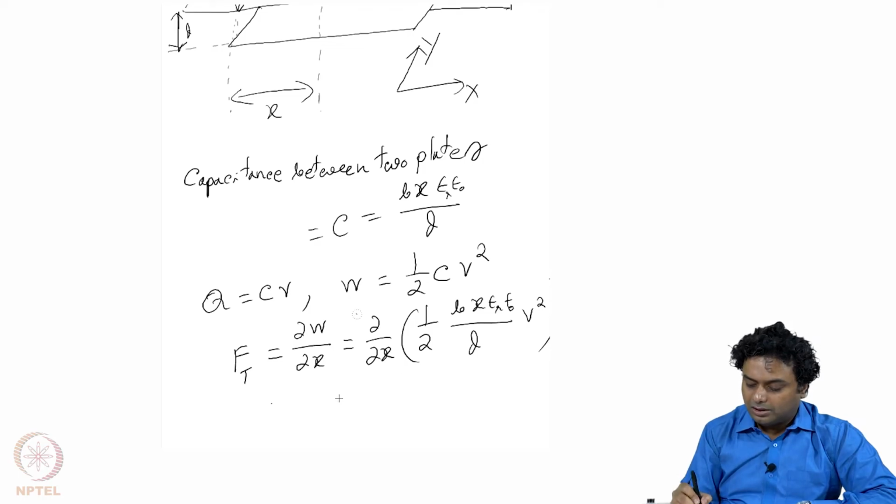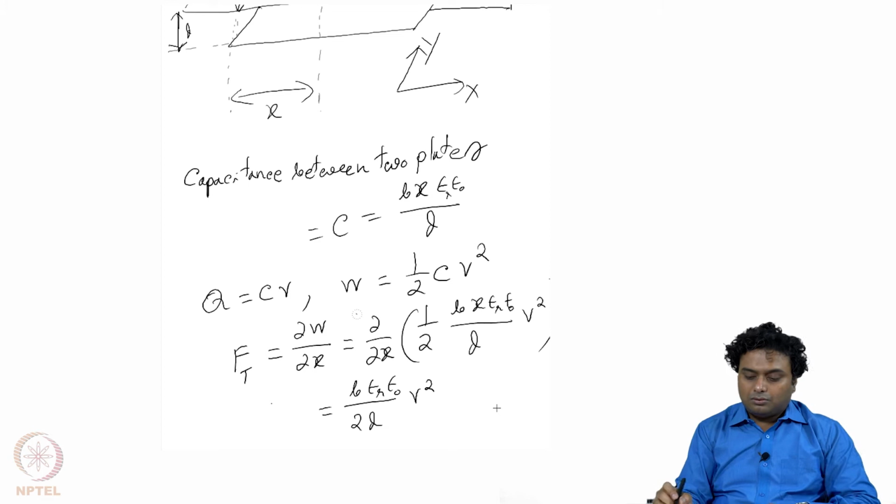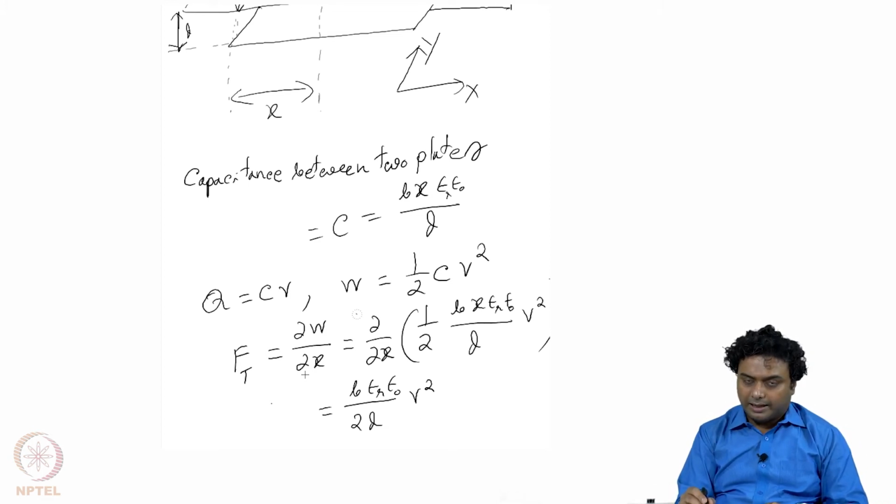So if we do del x, then we get B over two D, B epsilon r epsilon naught into V square. So now here you notice that the displacement is x, right.